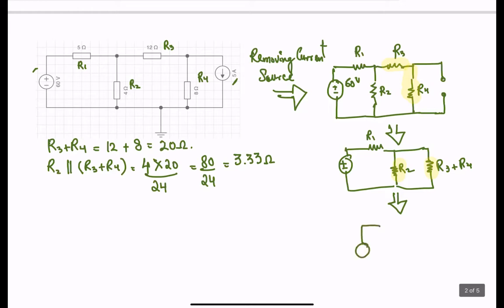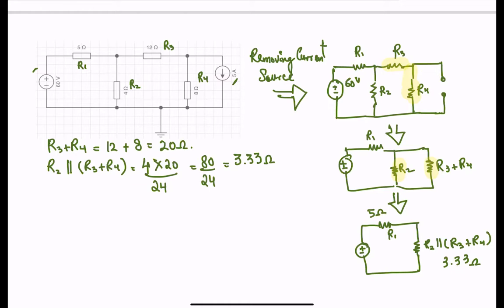So I can then further transform this circuit to something like this. I have the voltage source here, R1 here, and then this over here is R2 parallel with R3 plus R4, which we calculated to be 3.33 ohms. We also know that R1 is 5 ohms.